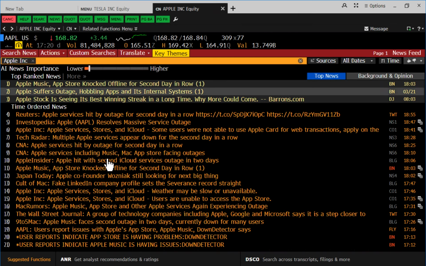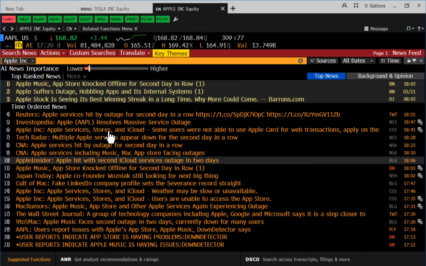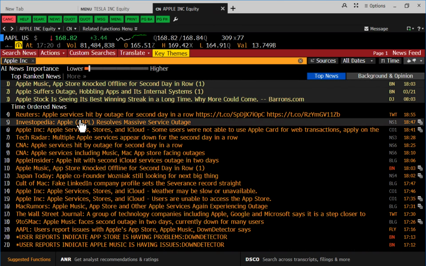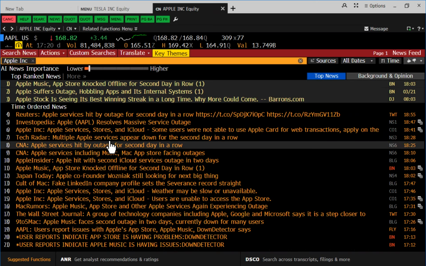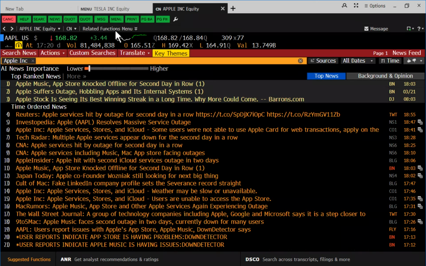If you're doing, for example, event studies, then this will be a pretty nice function. The CN function, pretty nice data that you can look at. So it's not necessarily related to earnings announcements, but these are all probably important news that may affect Apple's stock price.